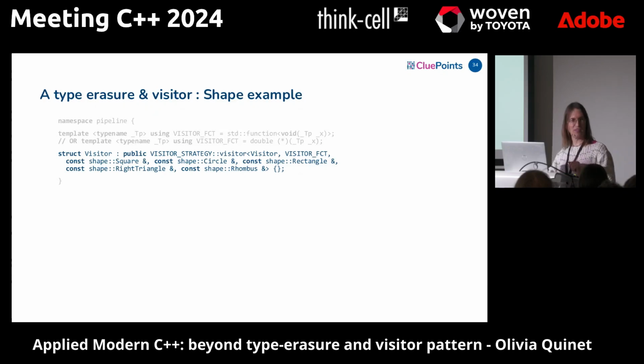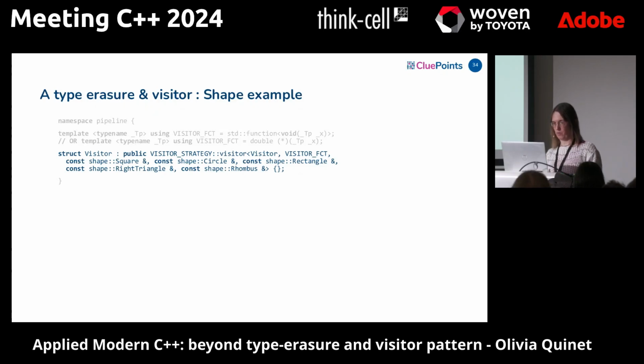Maybe. We still have to define the visitor, actually. We define the struct visitor that we only declared. We are now defining it after the shape. And we define it like this, so it's derived from the visitor strategy visitor. So we pass again the name of the struct, so visitor.